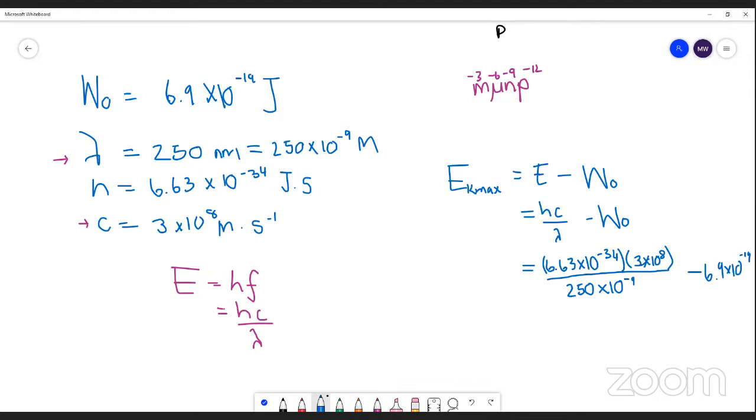You can put that into your calculator. Just remember your brackets. You are using a lot of times 10 to the power something, so always bracket everything. If I put it into my calculator, I get my final answer to be 1.06 times 10 to the negative 19 joules.